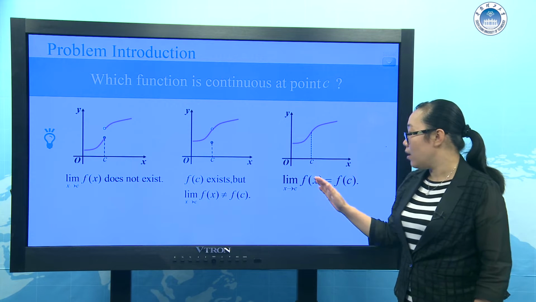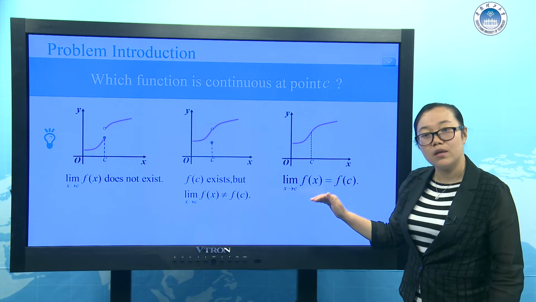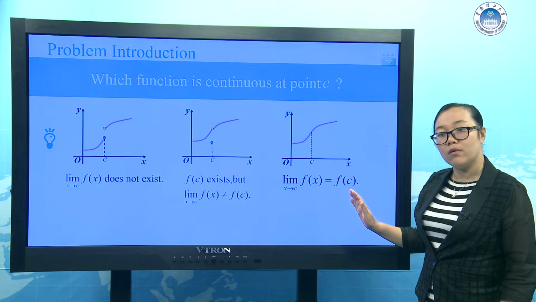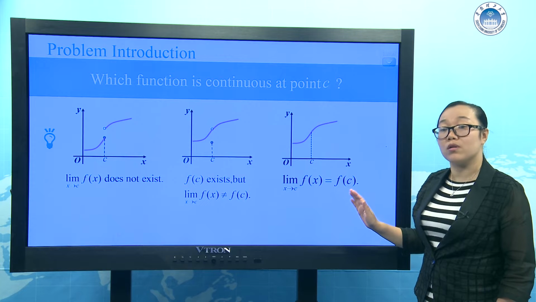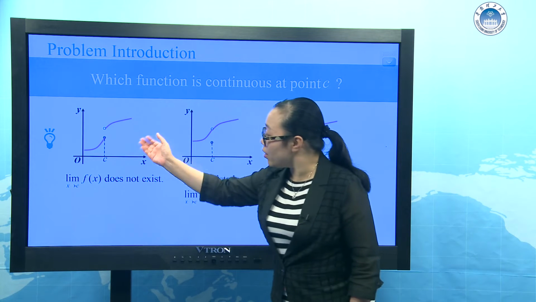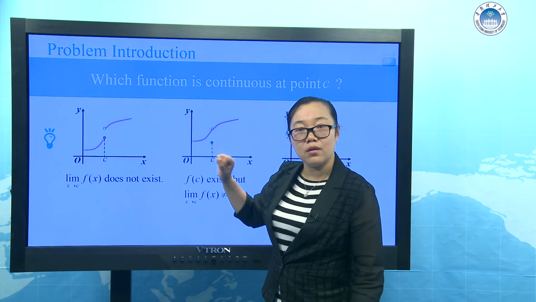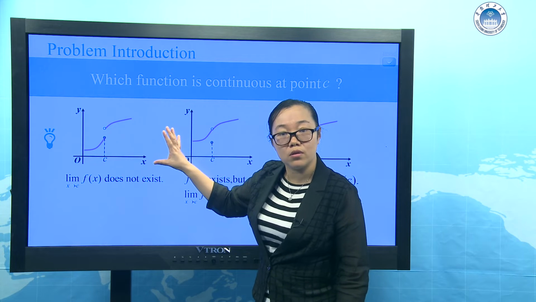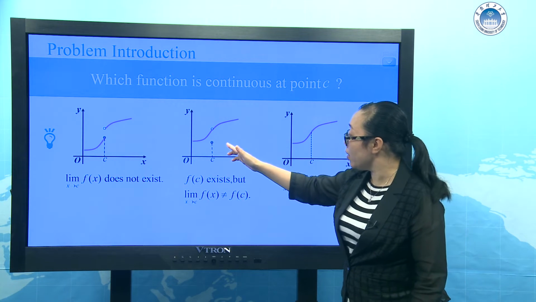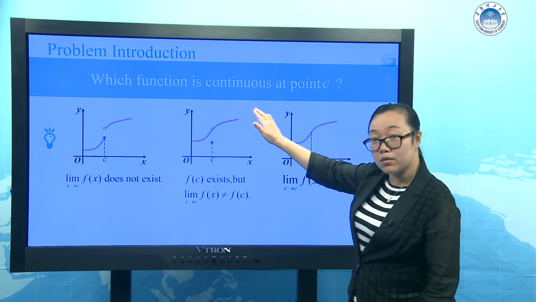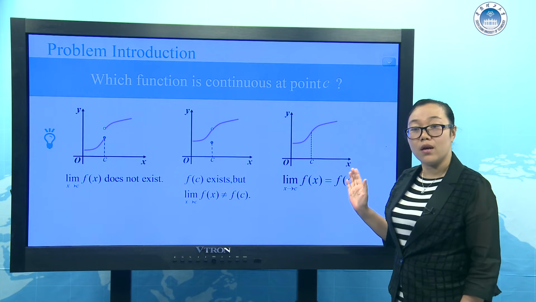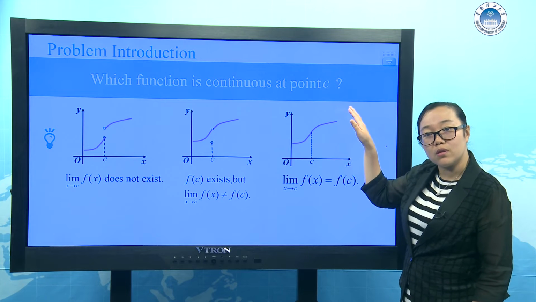The limit of f(x) as x tends to c exists and equals the function value f(c) at the given point c. In figure 1, f(x) is not continuous. Why? Not continuous means discontinuous. And in figure 3, yes, continuous.